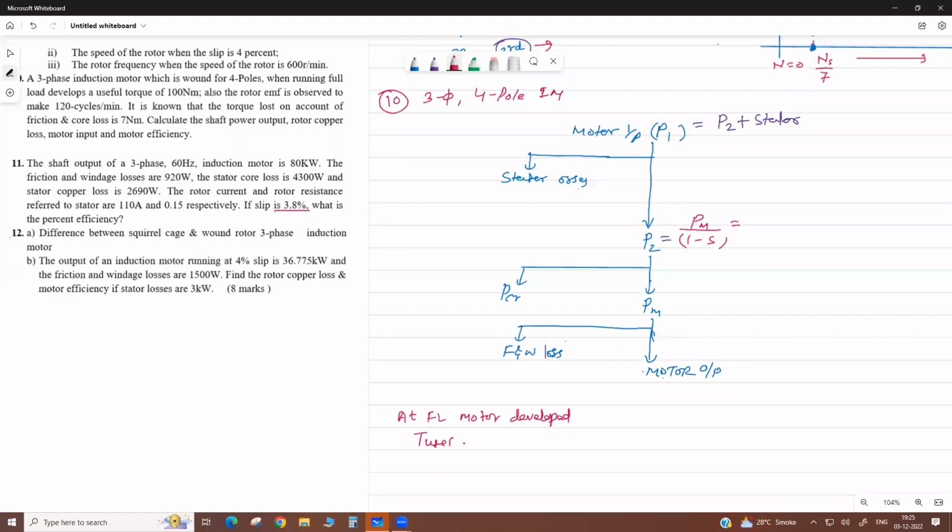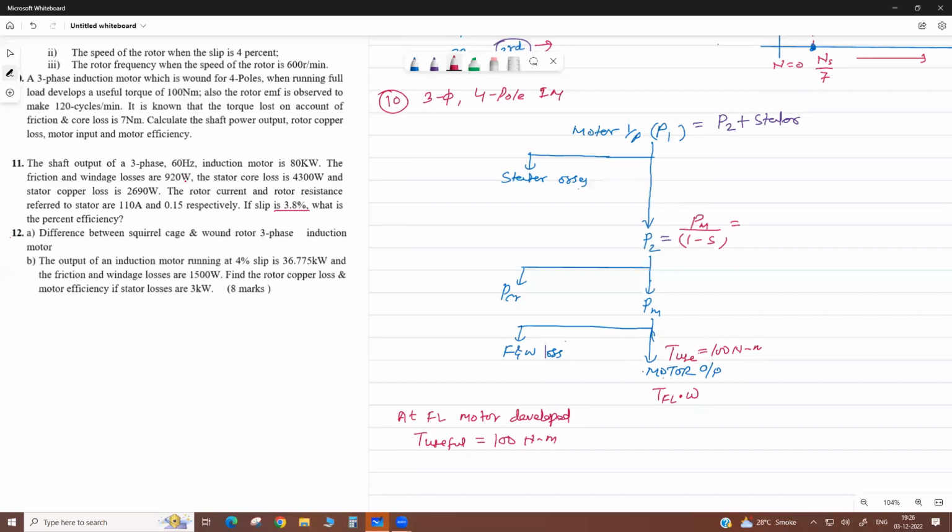T full means actually it is a full load torque, shaft torque. That is 100 Newton meter. So here actually we can calculate motor output at full load as this much torque into omega. But here T full is given, it is 100 Newton meter.